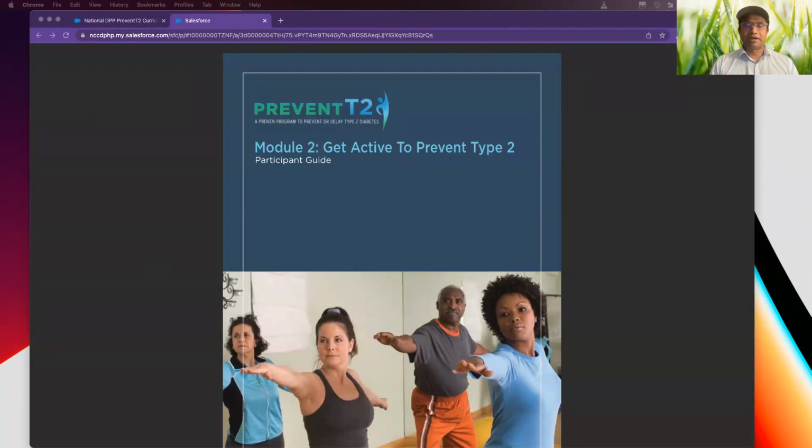By the end of this session, Swati, you'll be able to identify some benefits of getting active, and also some ways to get active. And one requirement for this one is we want the participants to have enough space to march in place.